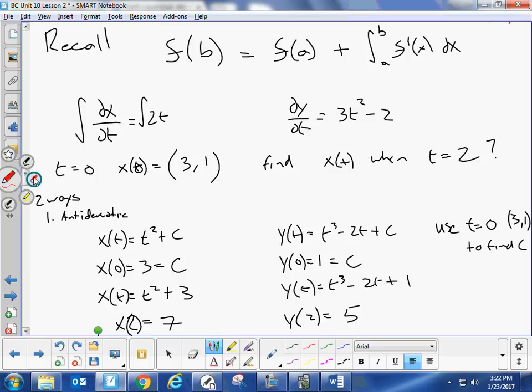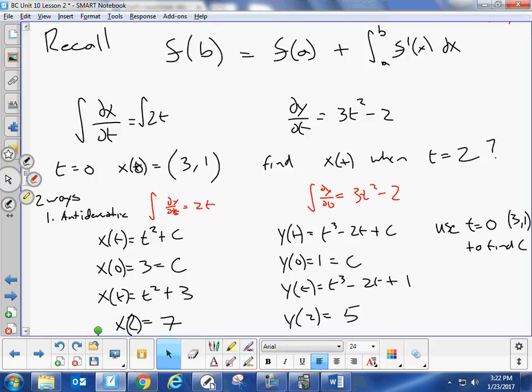So you took the antiderivative of dx/dt equals 2t, and the antiderivative of dy/dt equals 3t squared minus 2. Sometimes that'll be quick. Probably the quickest way is if we have our calculators, we could use them.